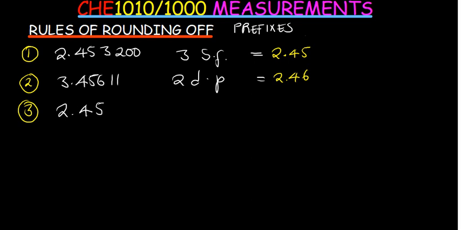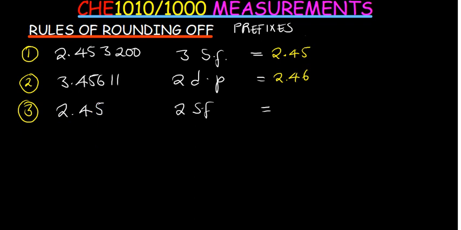You want to write this number to 2 significant figures. How are you going to write it? 2 significant figures means 1, 2. You look at the number that comes after. This is a 5. So if the number you're supposed to round from is a 5, you are supposed to check: are there numbers after the 5?